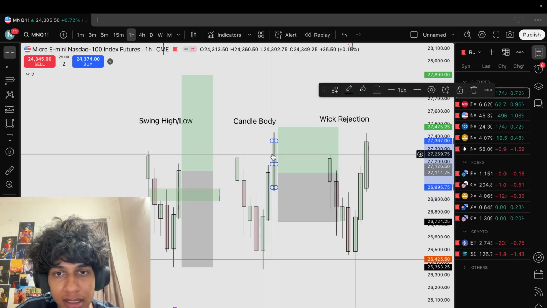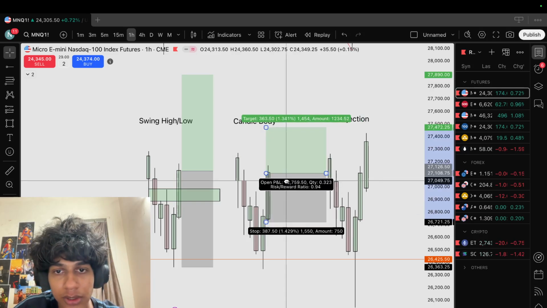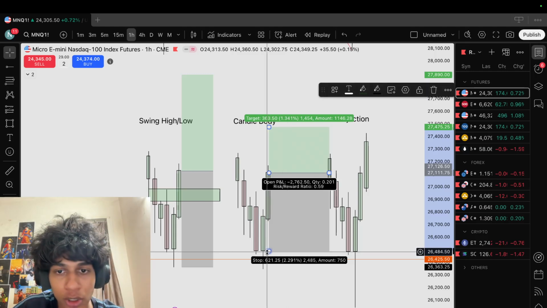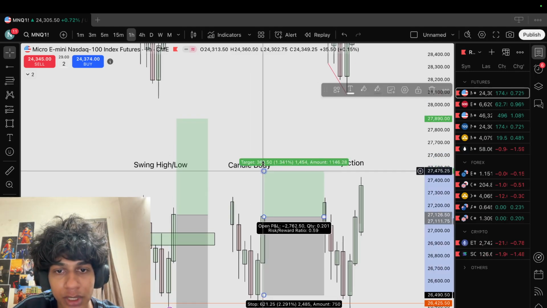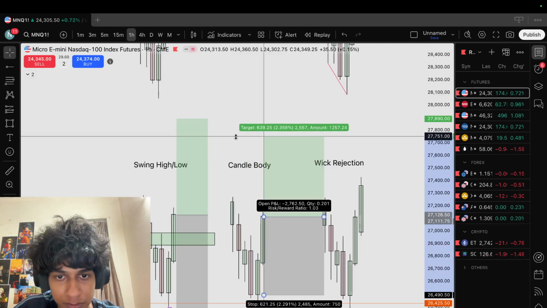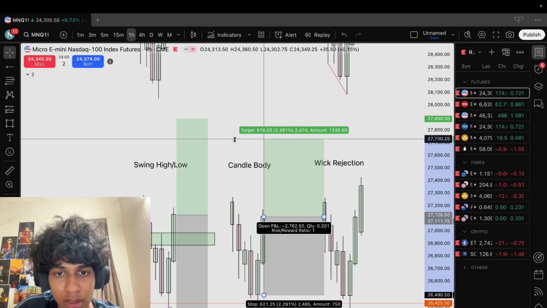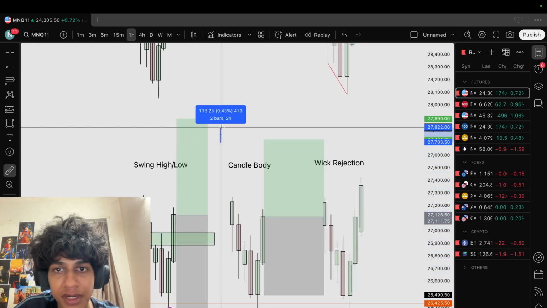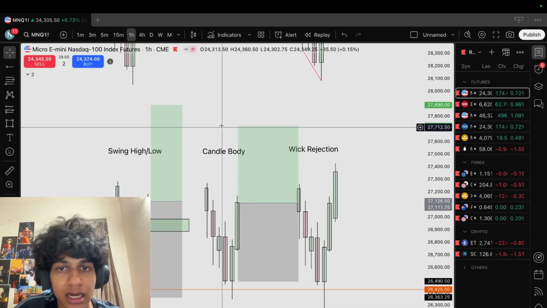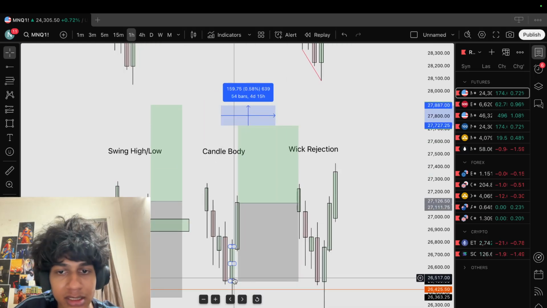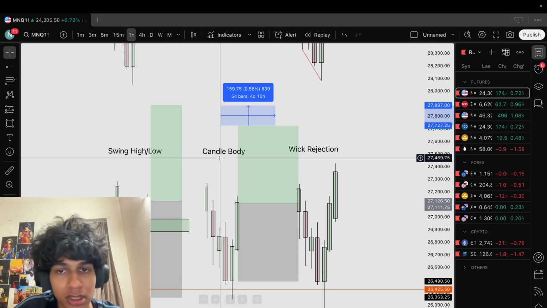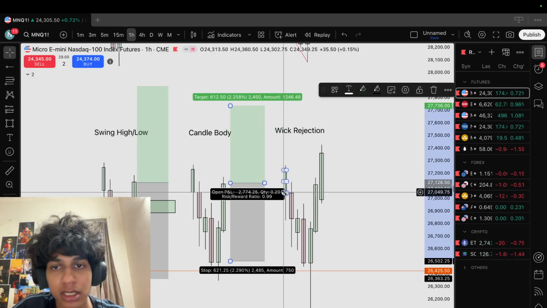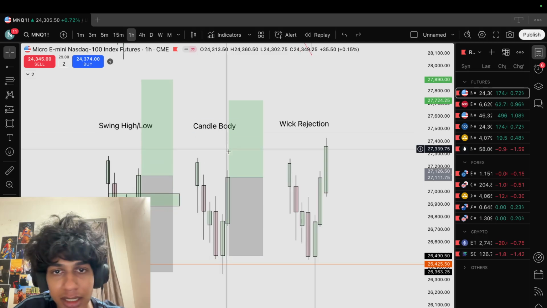You can enter right here, keep your stop loss at the body of the candle, and keep your target at 1 to 1. As you can see, we saved at least 15 pips right here. Our target will be reached earlier since we are making the stop loss smaller, so the take profit will also be smaller. That's how it helps you. So the second one is the candle body.